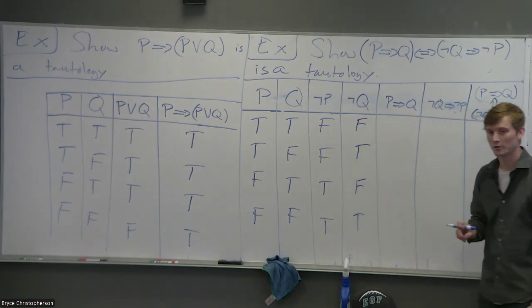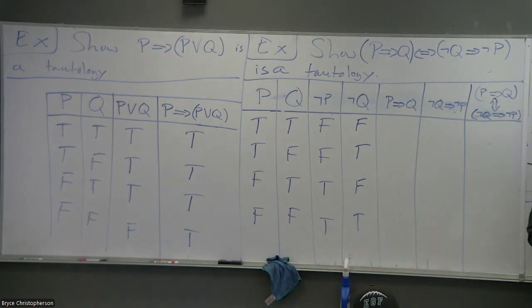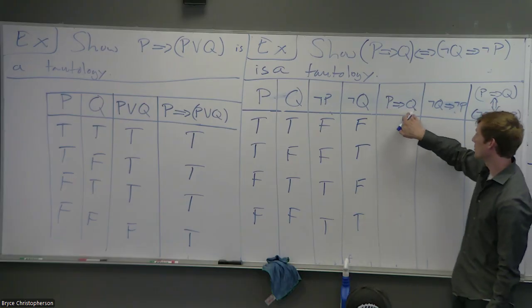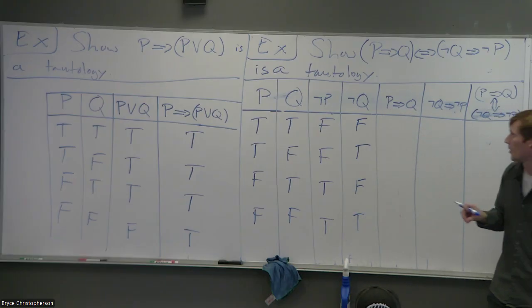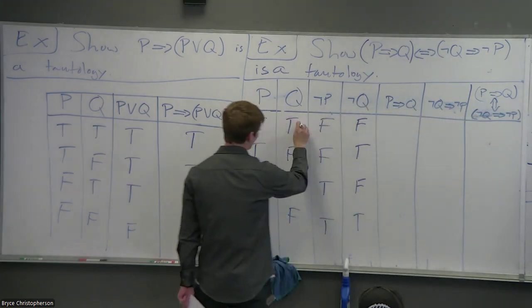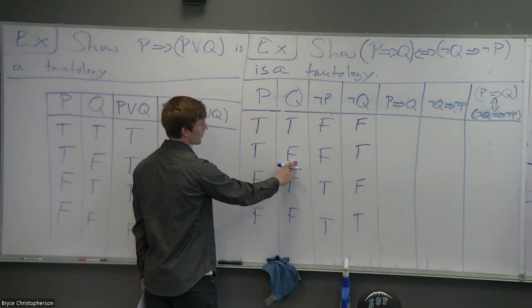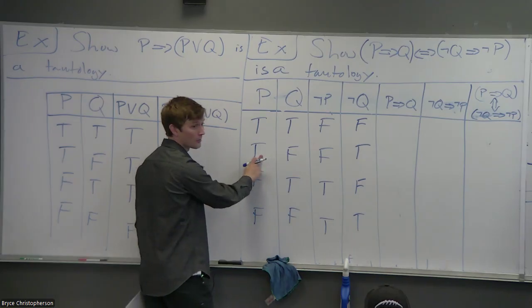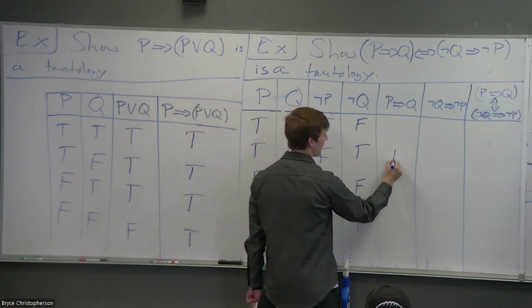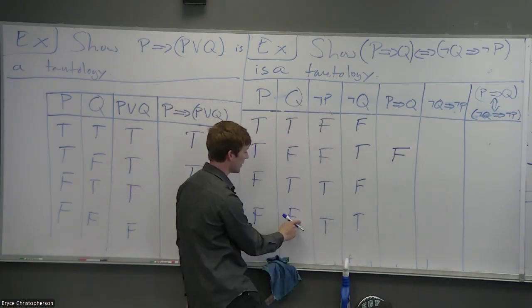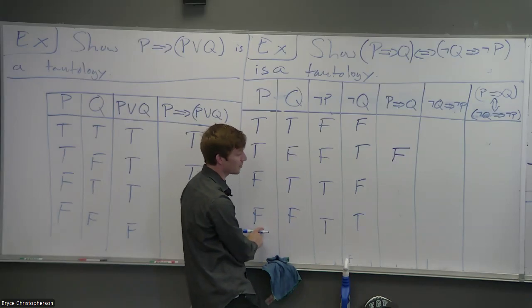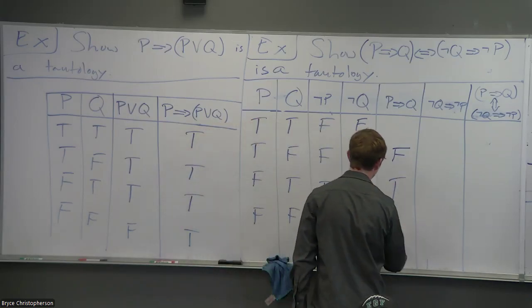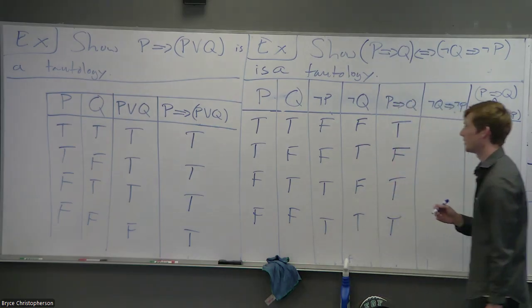P implies Q is false when Q is false and P is true. Right here. So that will be our false situation. The other case where Q is false also has P false, so we're good there. Yeah?